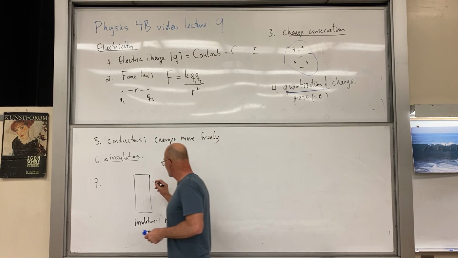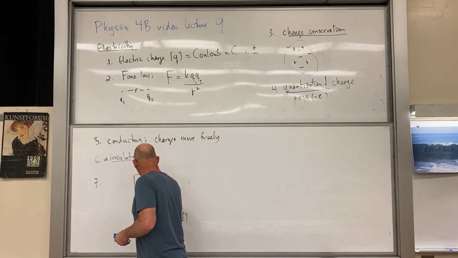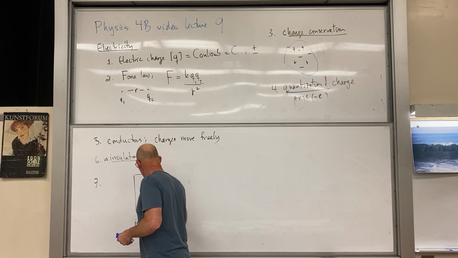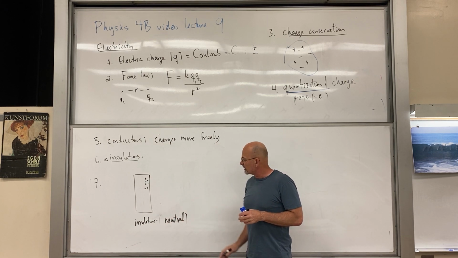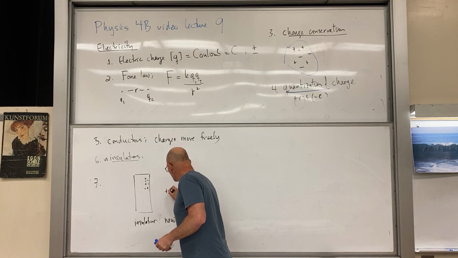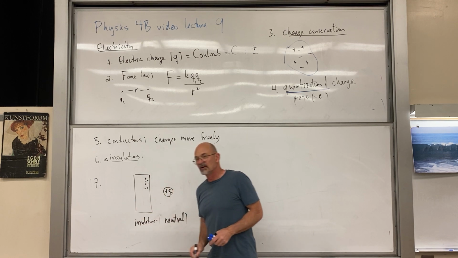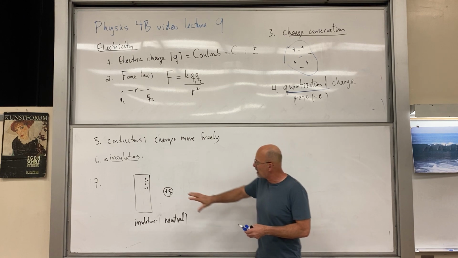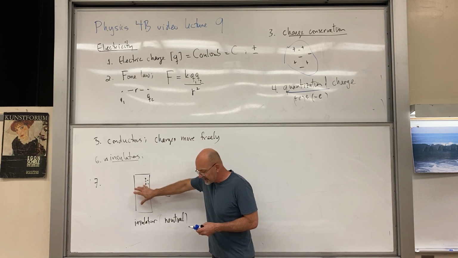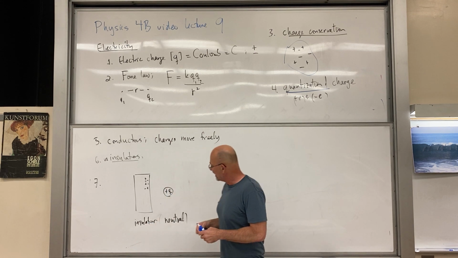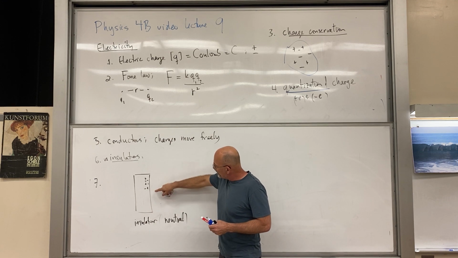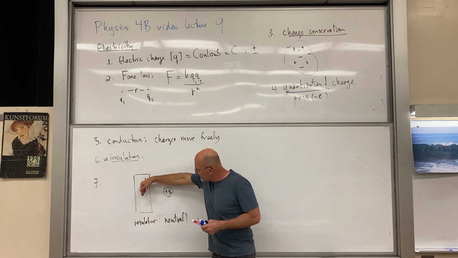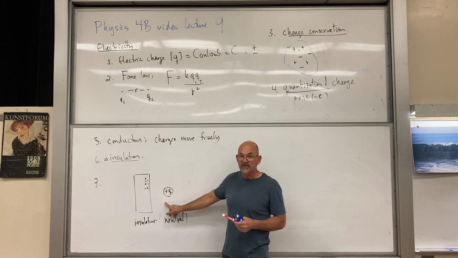So what happens though? Now I'm just going to randomly draw plus and minus, and I'm not going to try too hard there. Neutral insulator, but suppose we now bring a strong positive Q right here. What's going to happen? We bring a strong charge to this neutral body. The charges that comprise the matter in here, the positive ones will be repelled and the negative ones will be attracted to this strong charge.